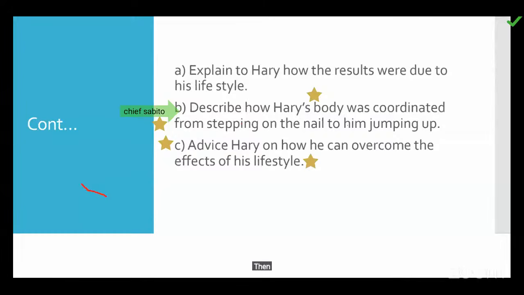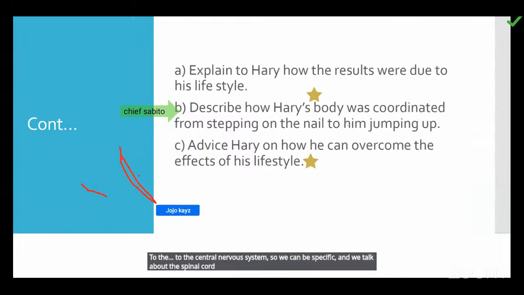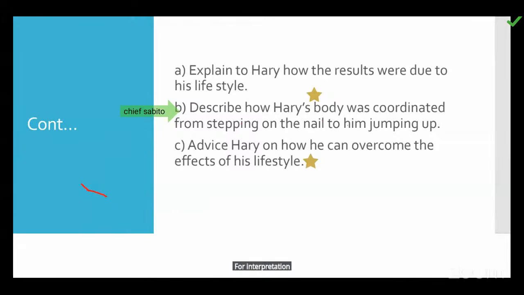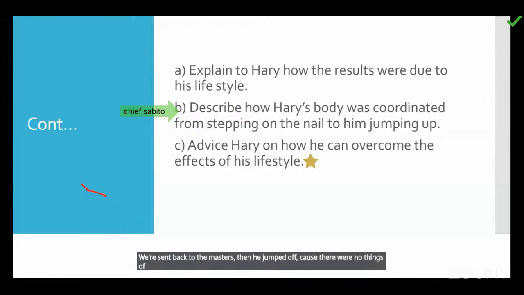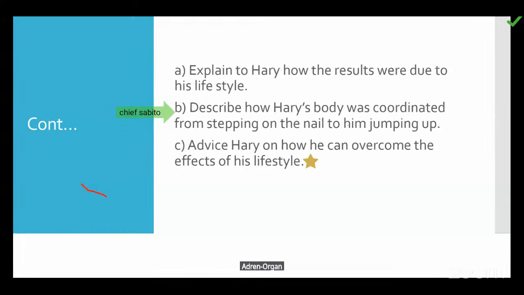Then these impulses were received by the sensory nerves to the central nervous system. So we can be specific, and we talk about the spinal cord for interpretation. Then these impulses were sent back to the muscles. Then he jumped off, because there was no heavy breathing, so we don't talk about the adrenal organ. So we talk about again the muscles. That's all.